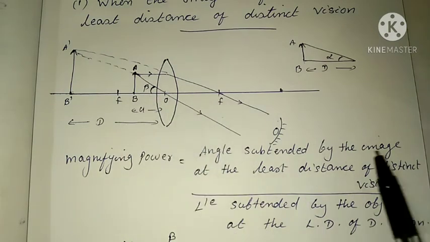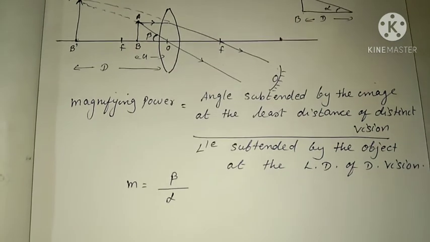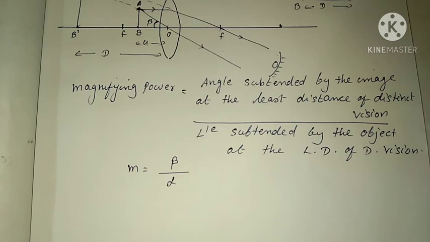So here, let the angle subtended by the image be beta, and the angle subtended by the object be alpha. This alpha is the particular angle when the object is at the least distance of distinct vision from the eye. Clear? So we can write m equal to beta by alpha.